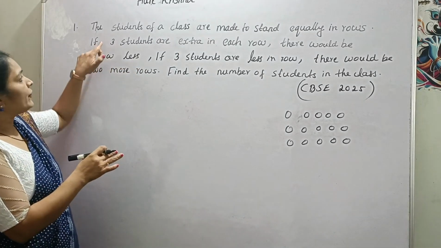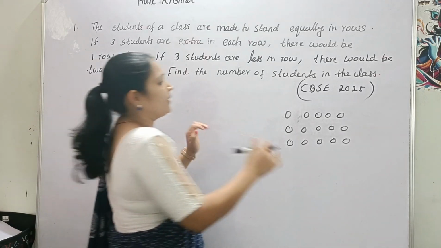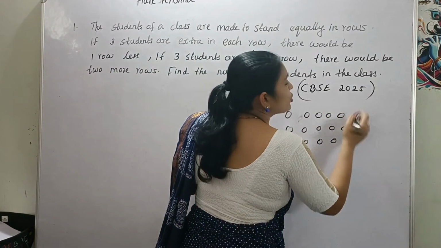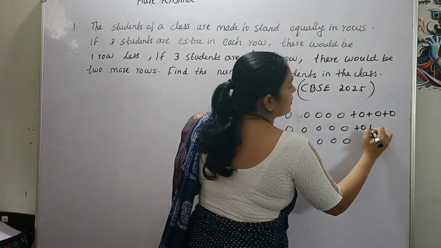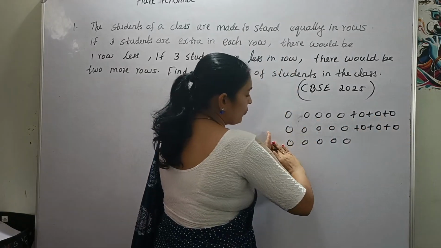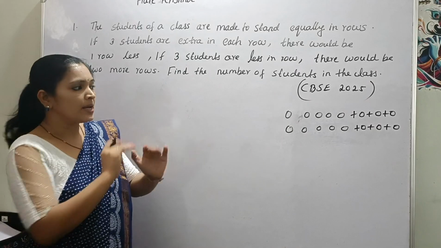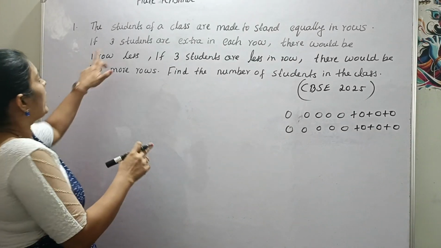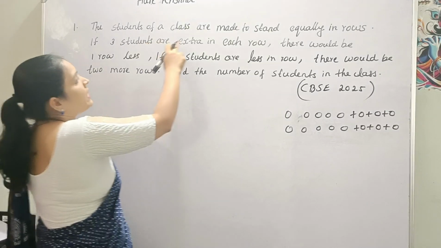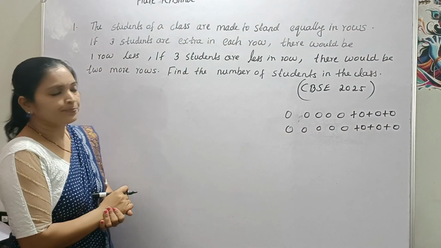After that, if 3 students are extra in each row, I am going to add 3 students in each row, then 1 row will be less.